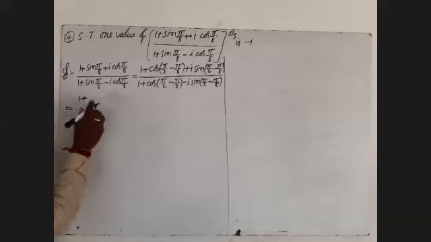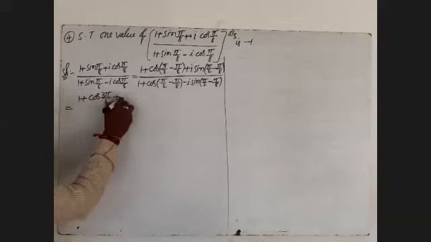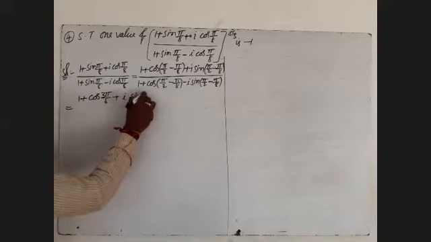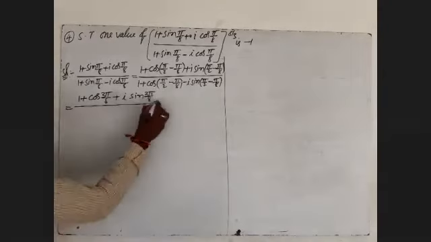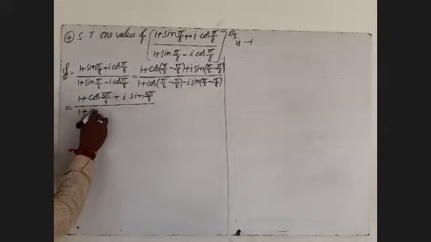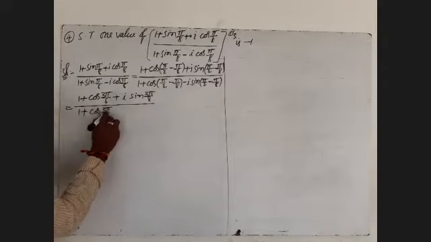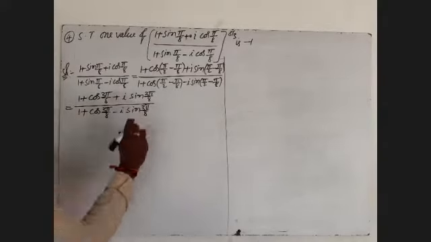That I will write (1 + cos 3π/8 + i sin 3π/8) divided by its denominator, (1 + cos 3π/8 − i sin 3π/8). We'll observe.